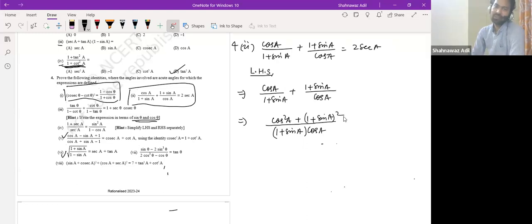Okay, now we have to further simplify this. So we have cos square A, and what is this? We have to simplify this further.